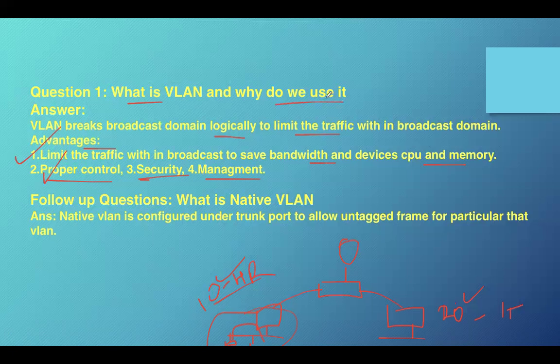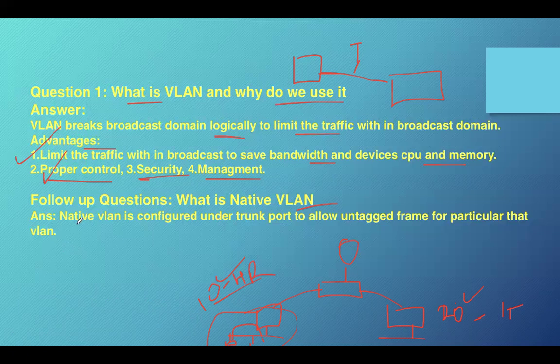A follow-up question they may ask: what is native VLAN? Native VLAN is relevant when we configure a trunk between two switches, say switch one and switch two. By default, this port should be a trunk, and all traffic on the trunk would be tagged using the trunking protocol.